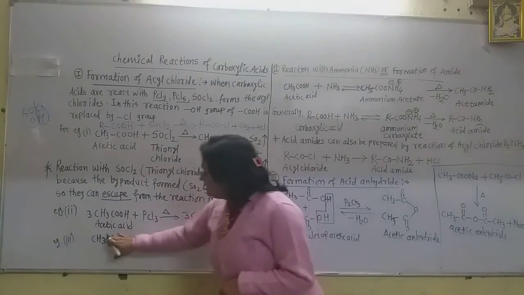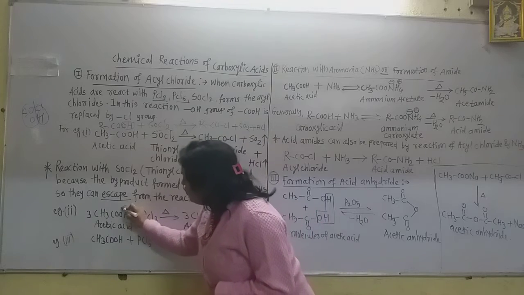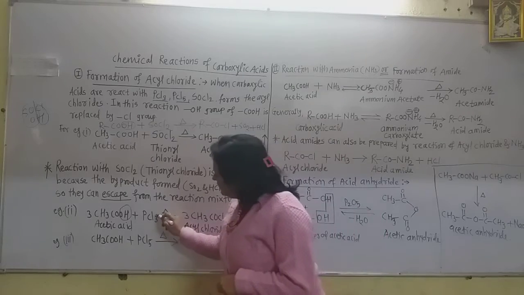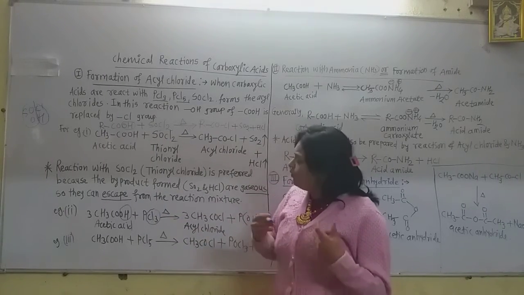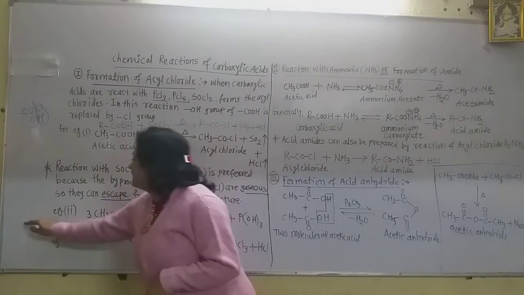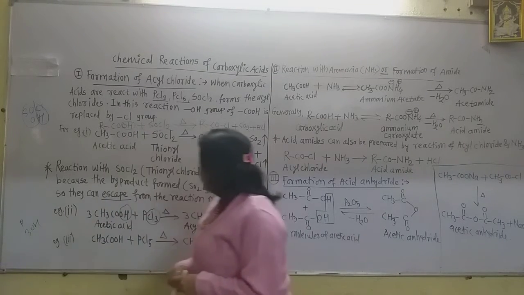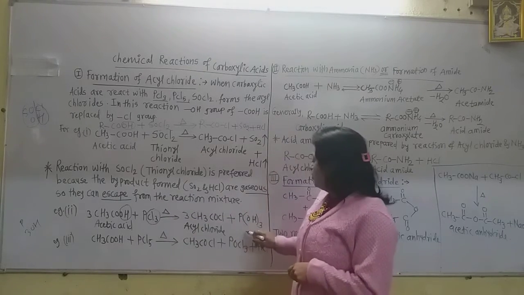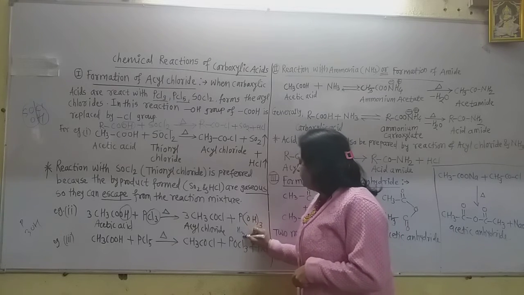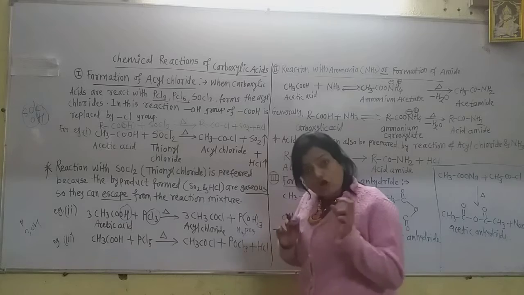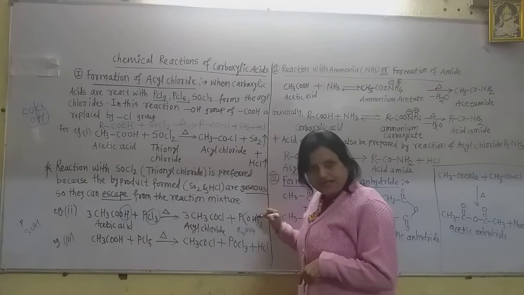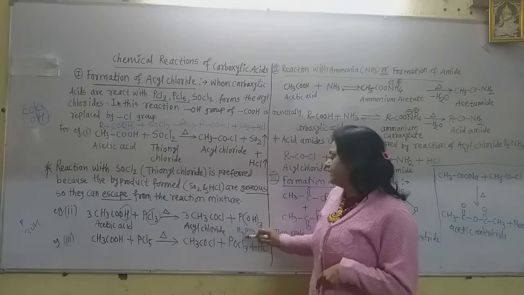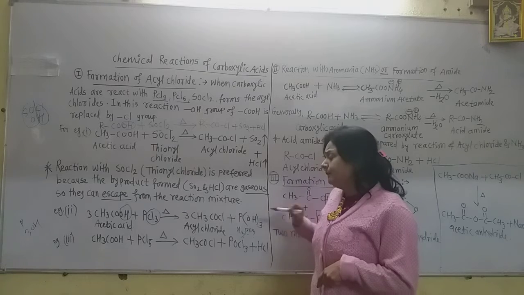With 3 acetic acid molecules, the OH group of every molecule is replaced by the 3 chloride ions. What remains is phosphorus with 3 OH groups, P(OH)3, which can be written as H3PO3.